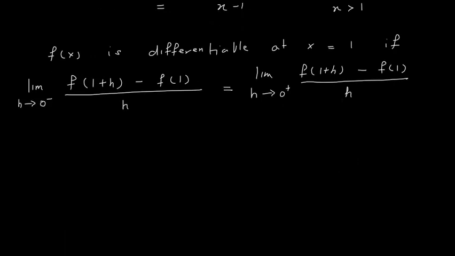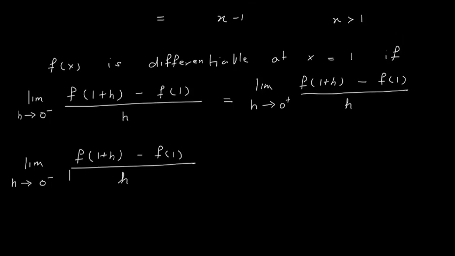So let us first find this first part: limit h tends to 0 minus of [f(1 + h) - f(1)] / h.